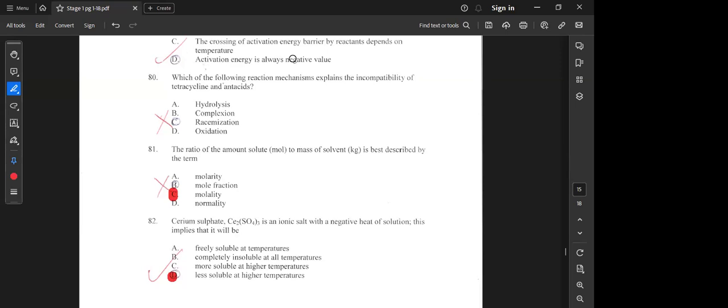It complexes with the antacid, since antacids have calcium or magnesium. They form a complex. Okay. I also agree with complexation. That's how it's pronounced.